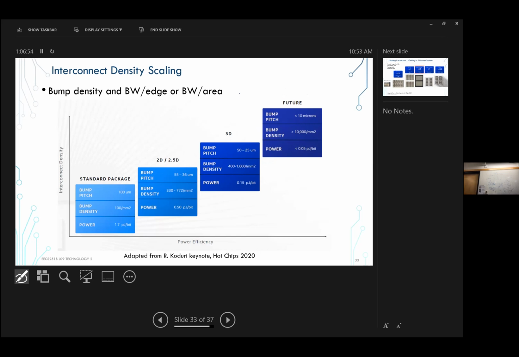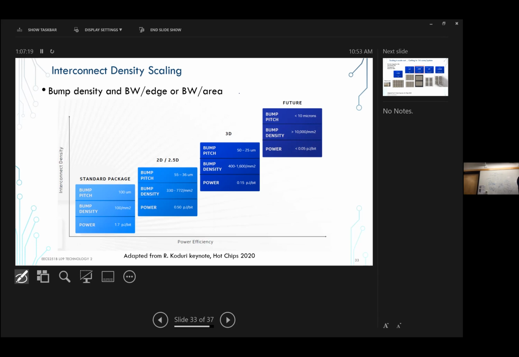Things that matter for these interfaces are the bump density and the bandwidth per edge. And you'll also find startup companies going into this space, since everybody is trying to do their own. Startups are exploring the gap and trying to get in there.